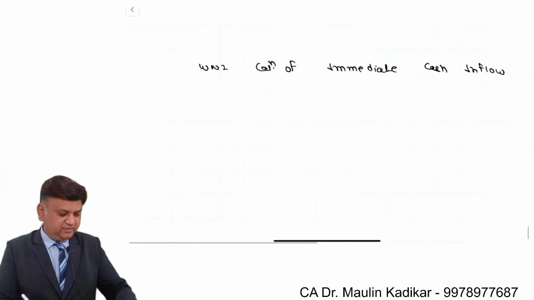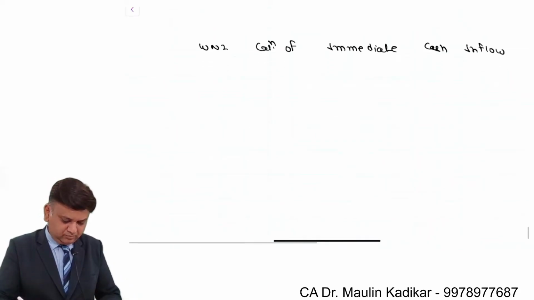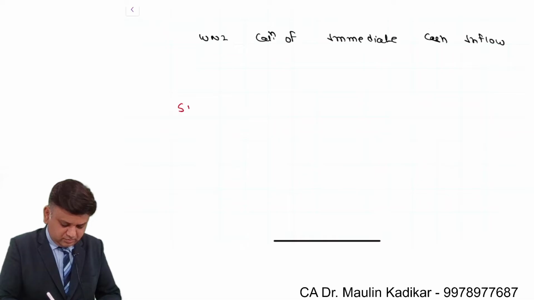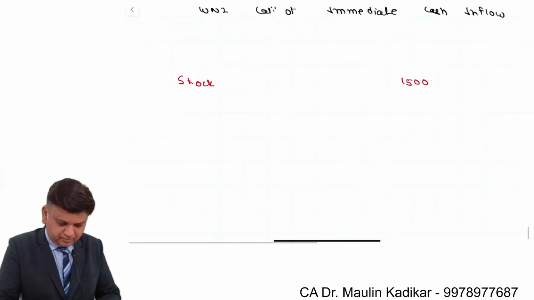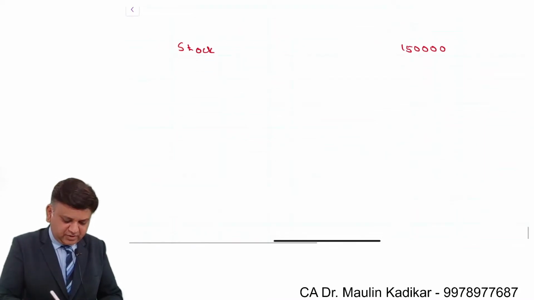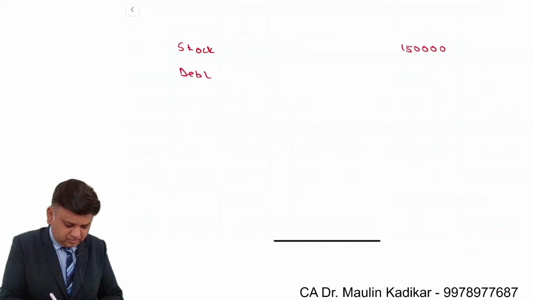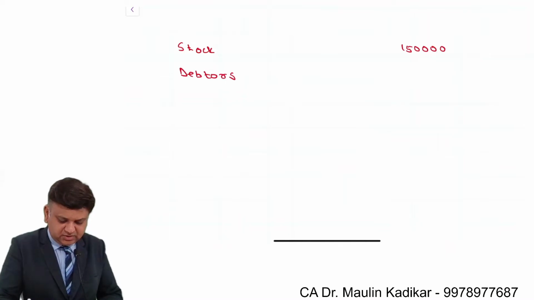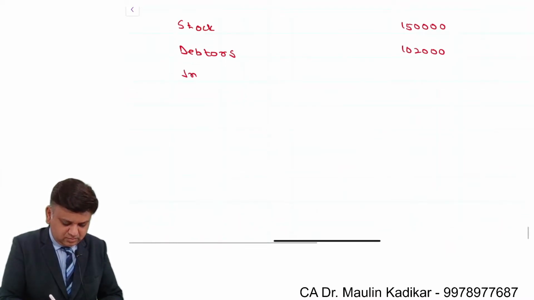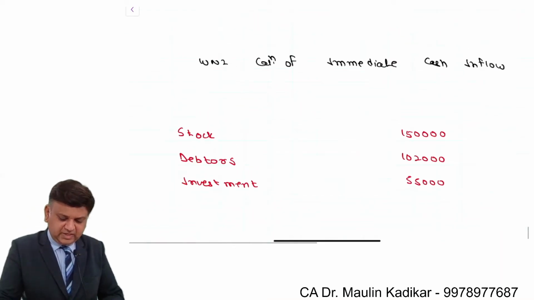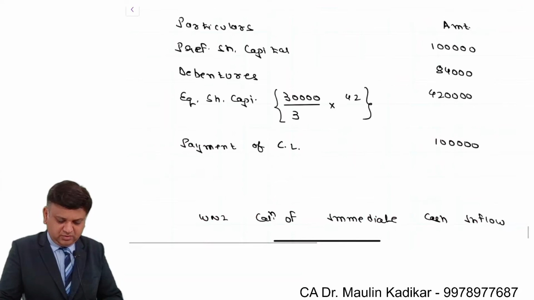In that, we understand stock, rupees 1,50,000. Debtors 1,02,000. Investment 55,000. That is the immediate cash inflow.